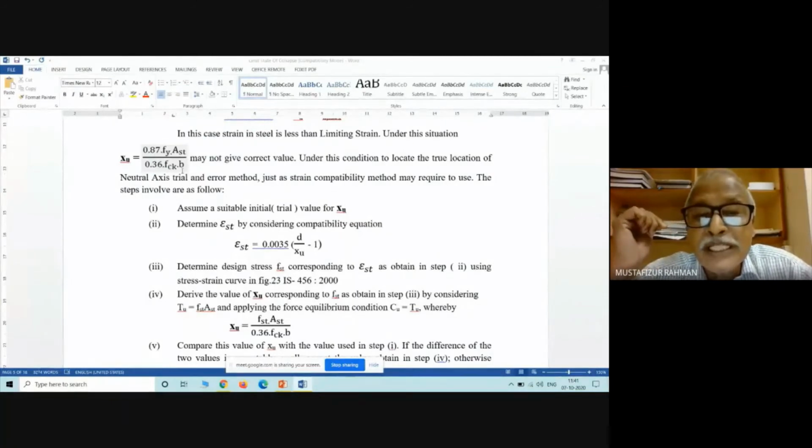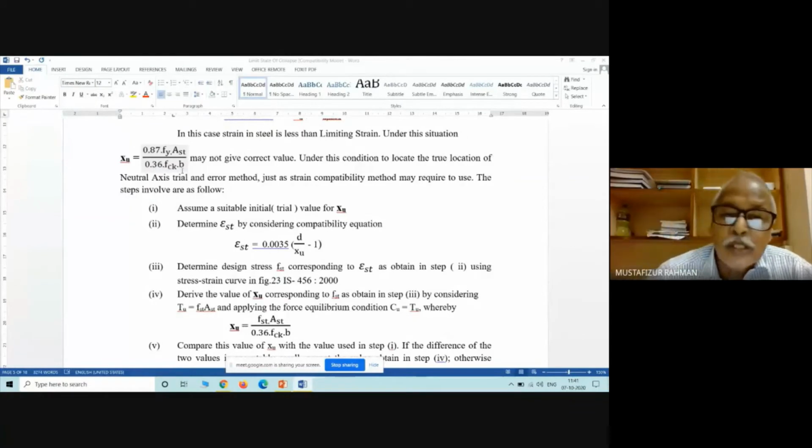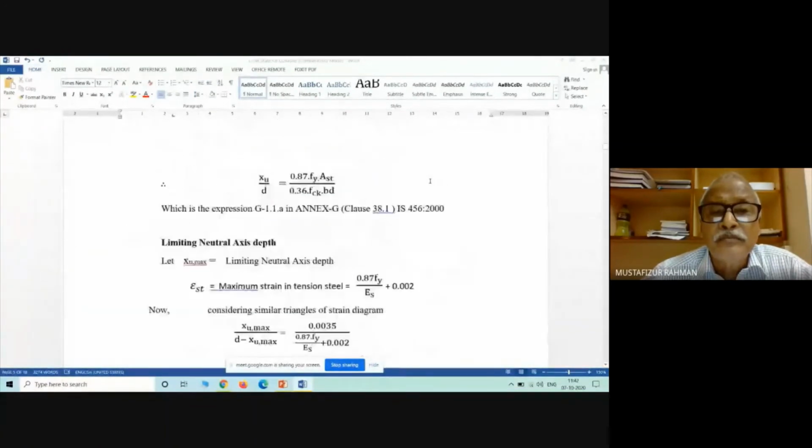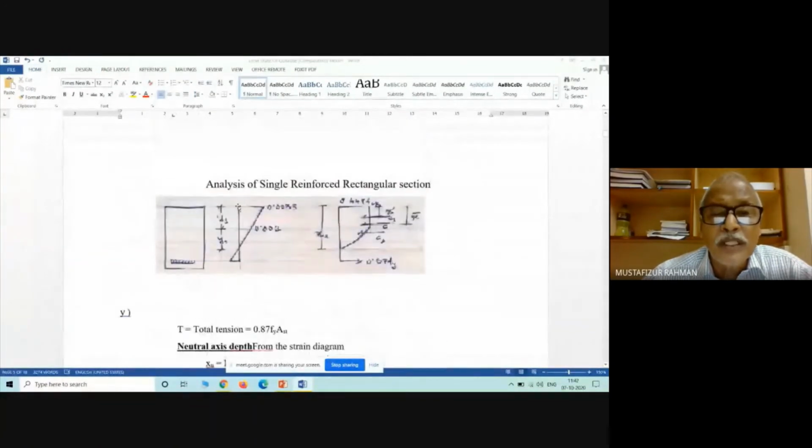Determine epsilon ST by considering the compatibility equation. This equation we had obtained from our strain diagram, from this diagram.